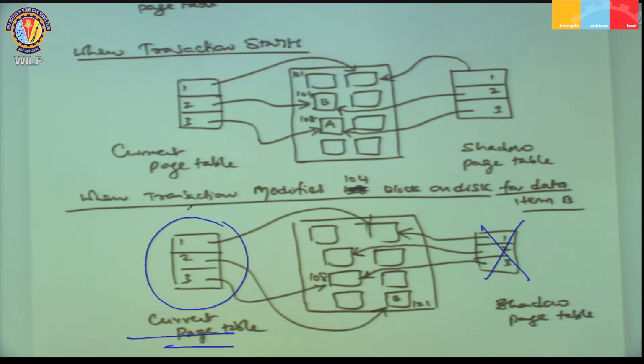I have a current page table and a shadow page table. Whenever there is a modification, the current page table points to the new location containing the modified value of the data item, while the shadow page table still points to the older disk pages. This is how we recover from failure using the shadow paging technique.